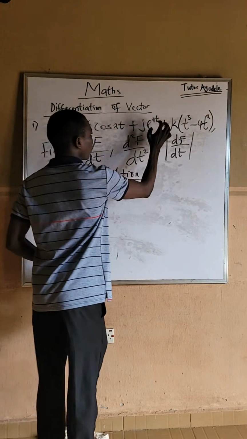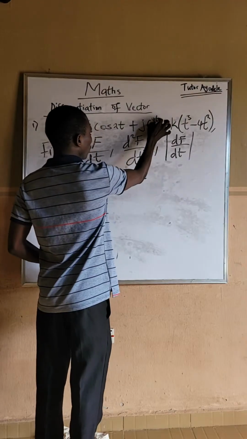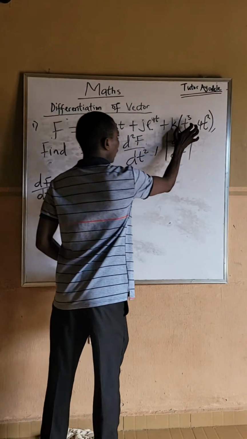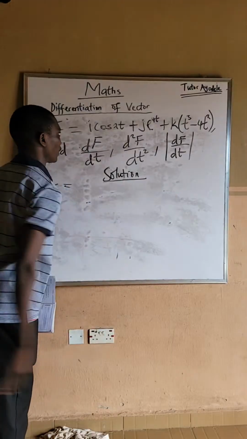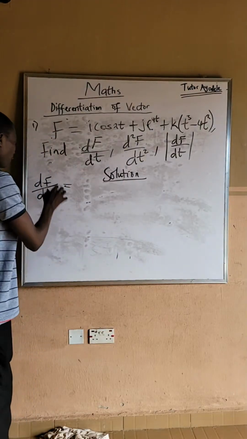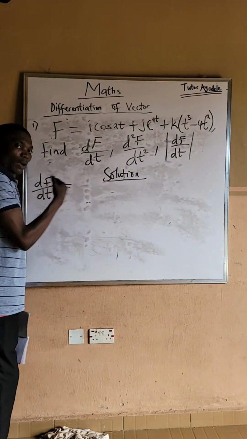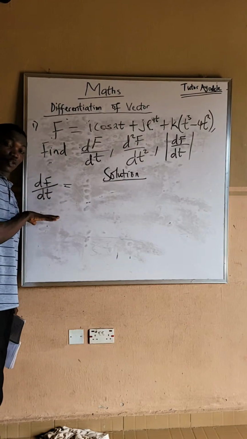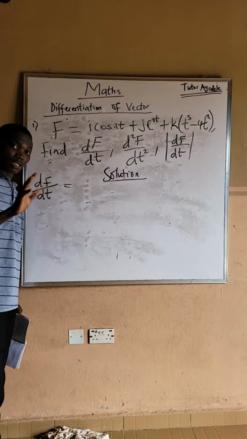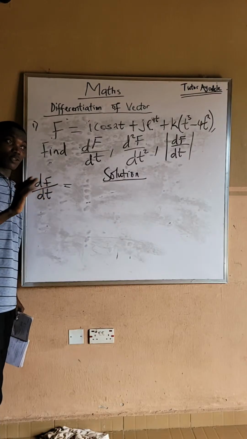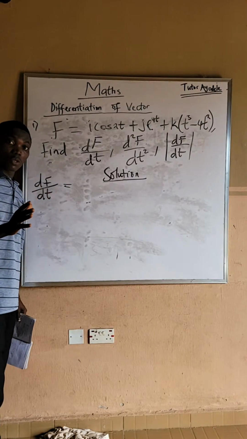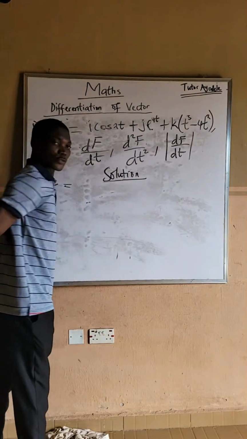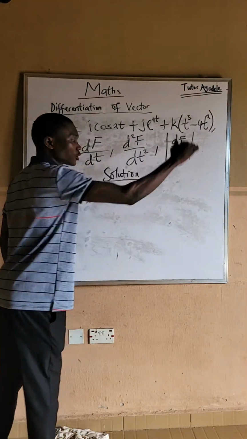We have t here, we have t here, so we differentiate everything here. This is quite different from that first one we saw, where there were some places that the w is not there at all. But here we have t all through, so we are going to differentiate this all through.